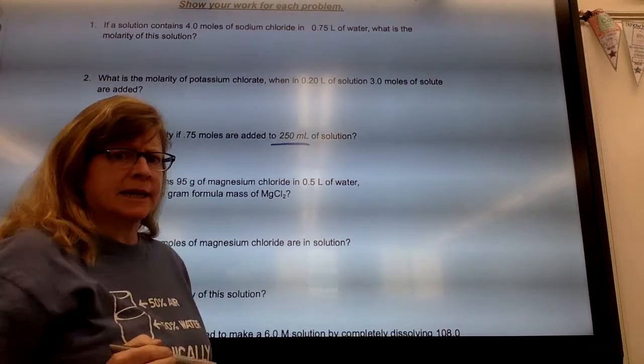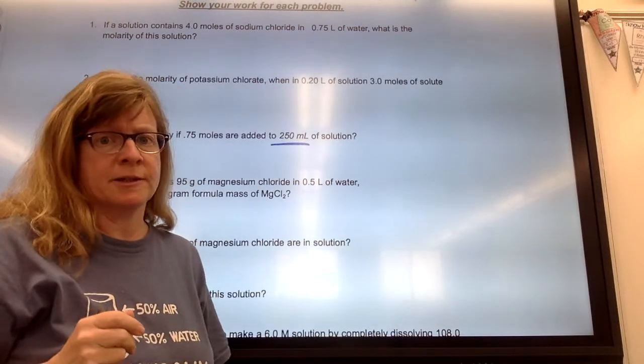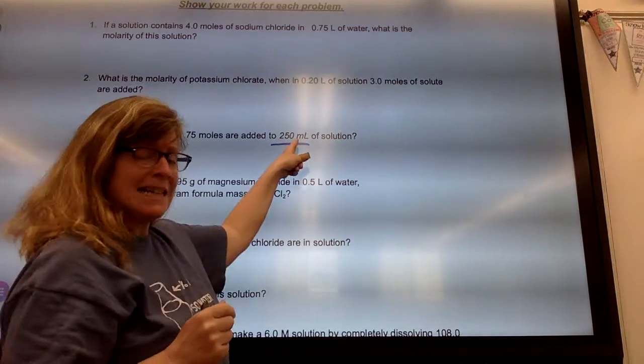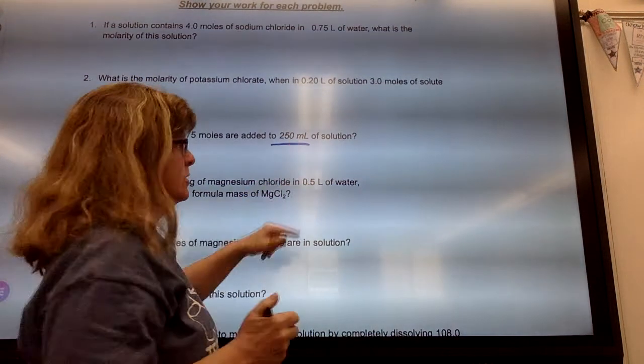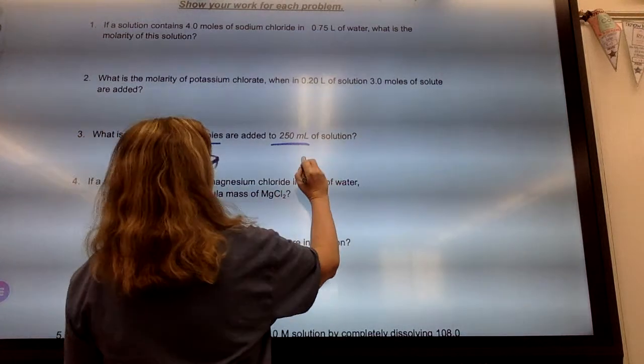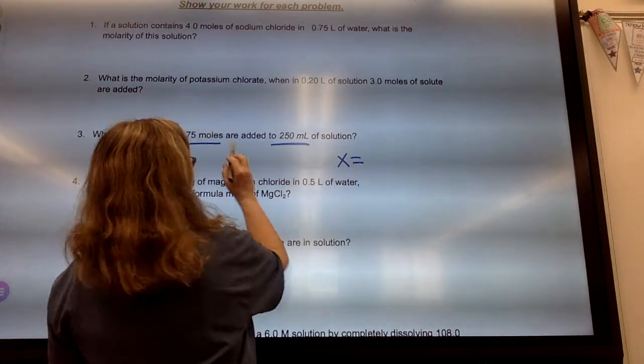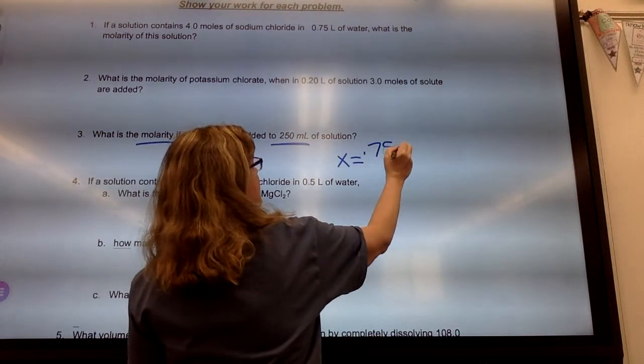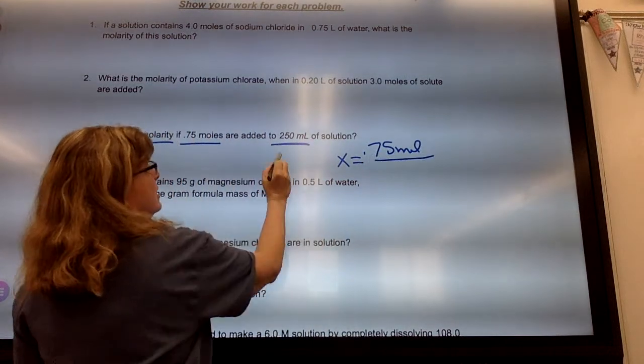People, even though I said it at least twice, it has to be in liters. So again, we're looking for molarity. The molarity we don't know. The moles we know. And this has to be in liters.